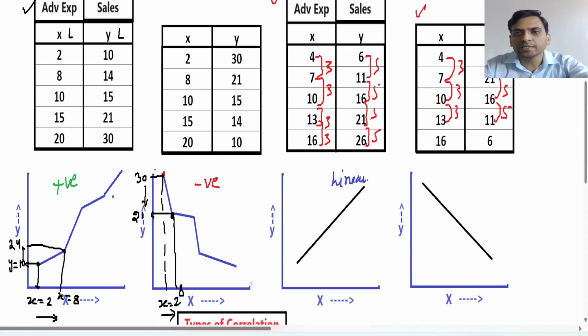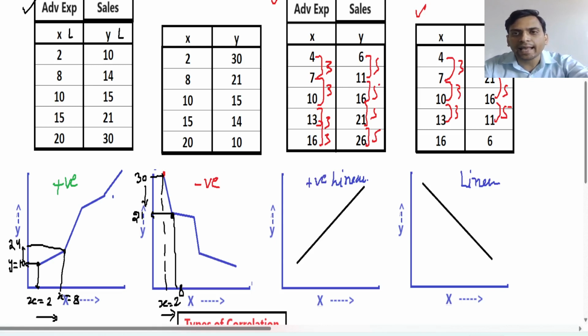And in this second case, again a constant gap is there in all the values of X and all the values of Y. So you are getting a straight line again. But the direction of both straight lines is different. As X is increasing, Y is also increasing, so you are getting this pattern. So there is positive linear correlation.